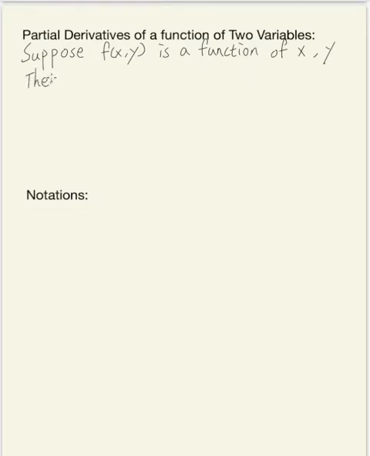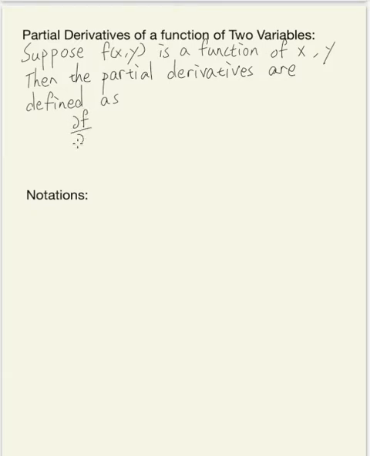the partial derivatives are defined as, well, the first one, if we differentiate with respect to x, this is how we write that, df dx.